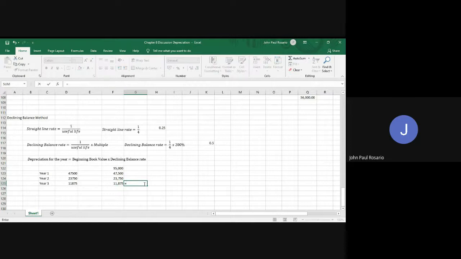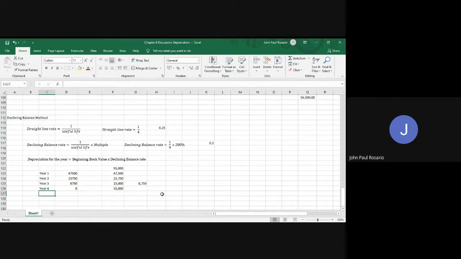So how much should our depreciation be to get 15,000? It should be 8,750. So meaning on year 4, wala na kay depreciation.